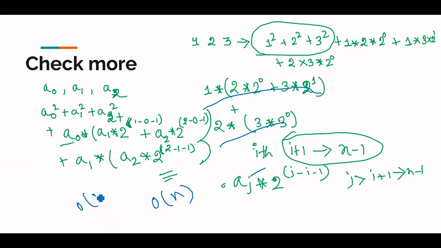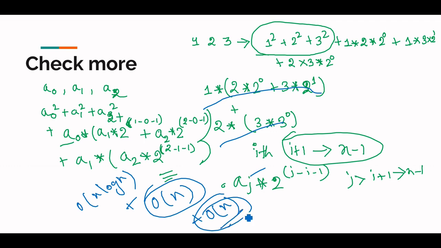So the sorting takes n log n, then solving the pattern takes order of n, and finding the square of the numbers also takes order of n. And if you can do it in one go, then you can do it in only order of n. You don't need to sort separately.